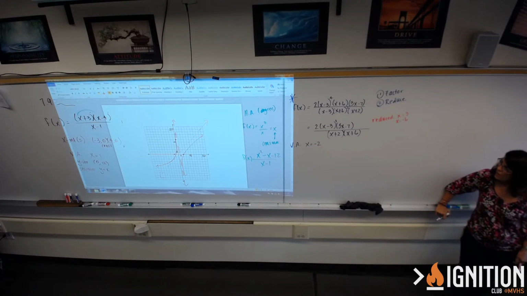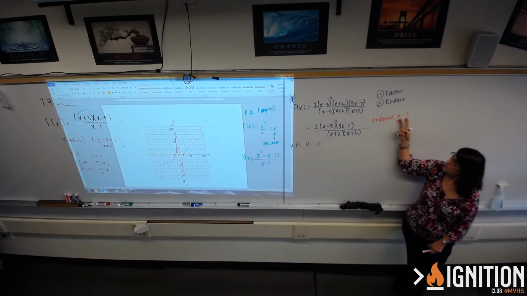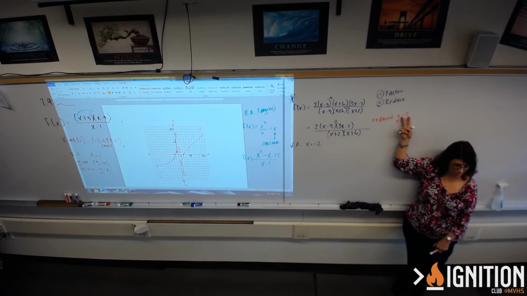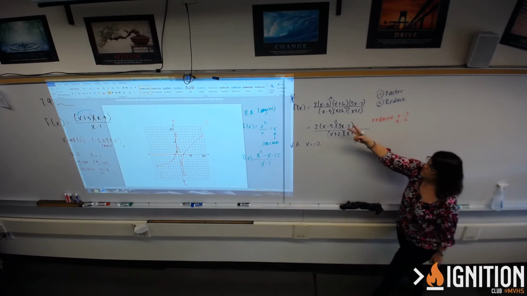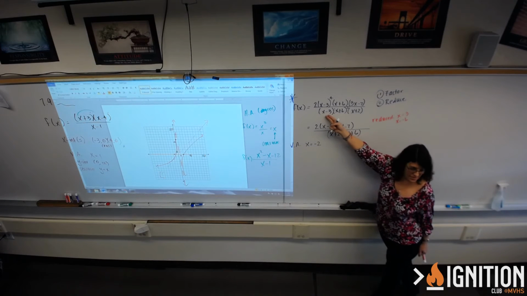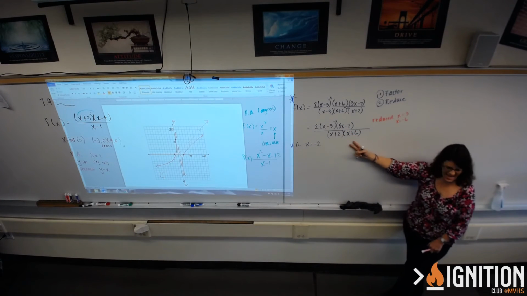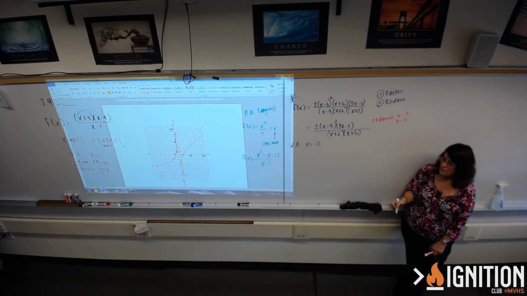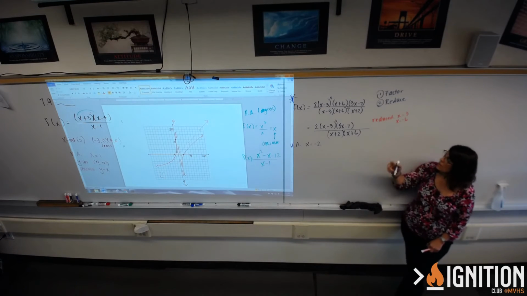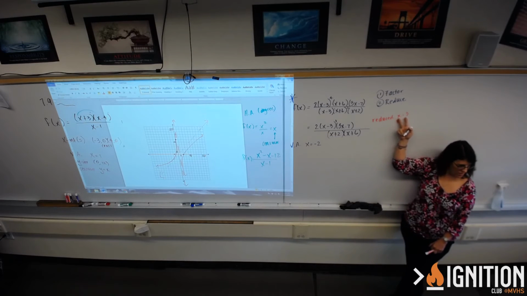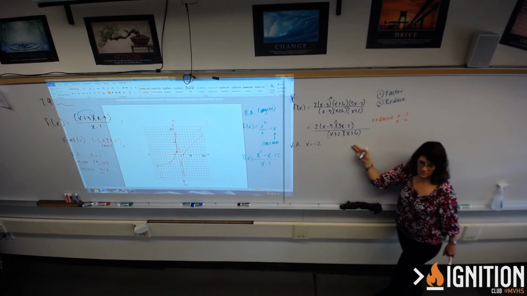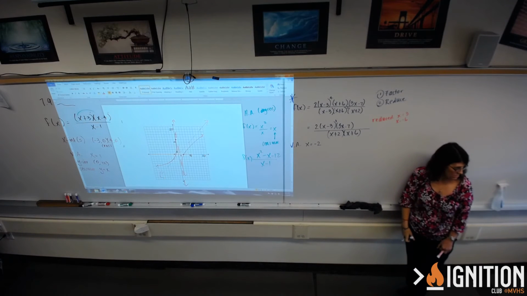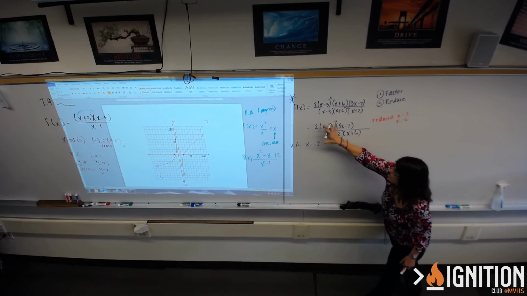Okay. X equals 3 was bad initially, but now x can be 3 because we took it out. That's a hole. Plug in 3. Do you get 0 in the denominator? Great. What do you get when you plug in 3?